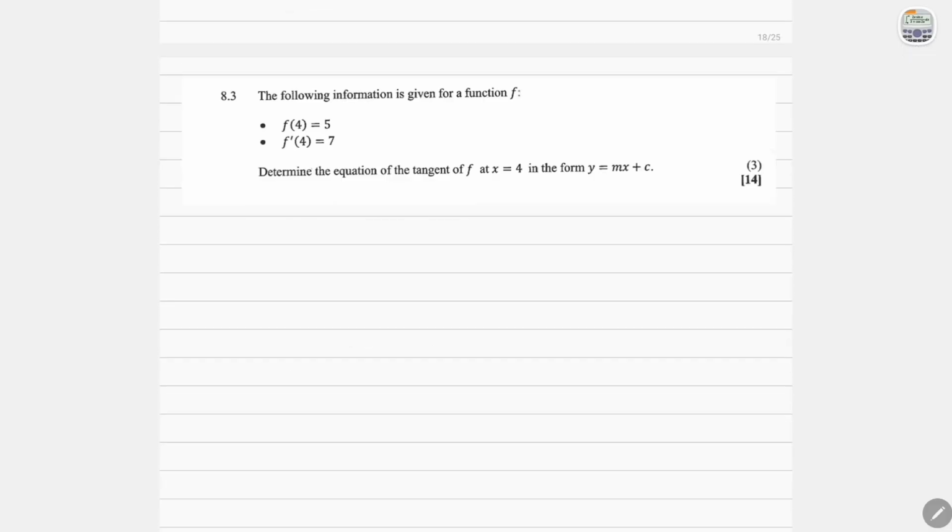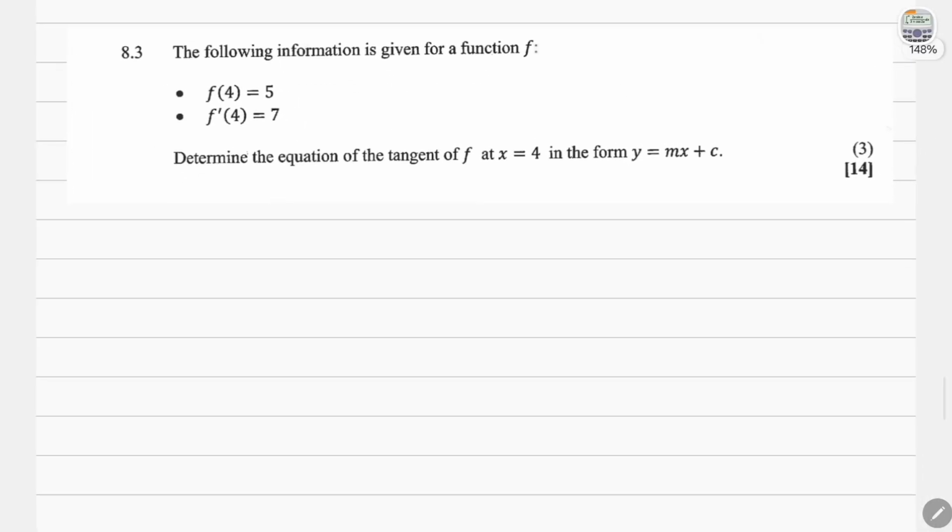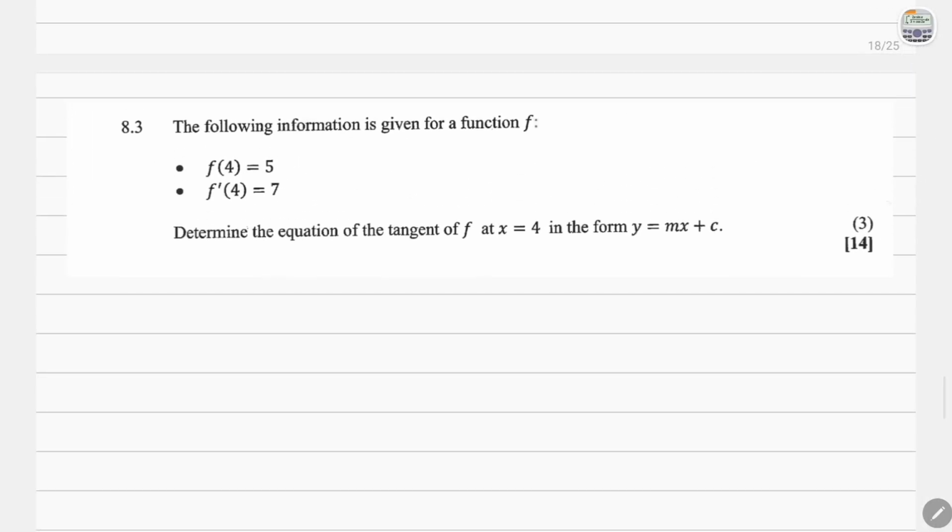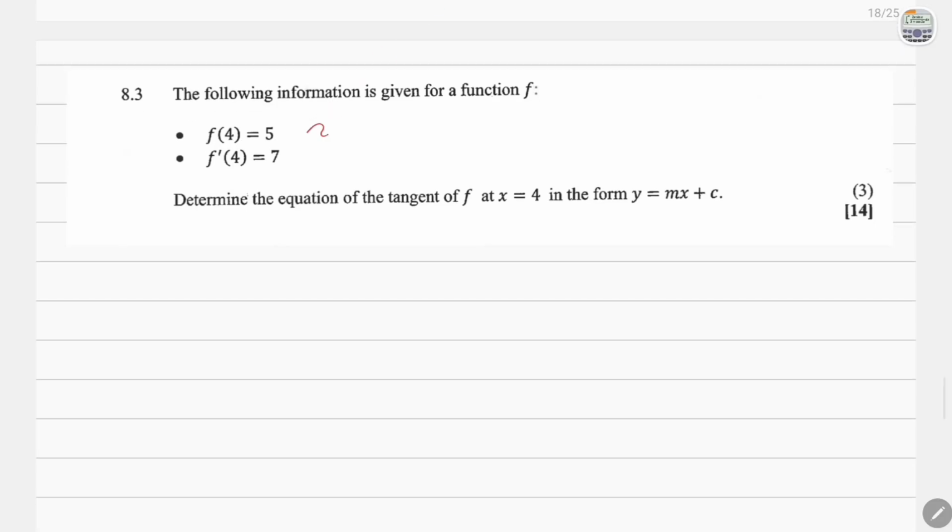Question 8.3 says, the following information is given for a function f. Okay, so we have f of 4 is equal to 5. Now, what that means is that if you're saying f of 4 is equal to 5, it means that the x value 4 on this graph of f has a y value of 5. Meaning, we're just saying there lies a point on the graph of f with the coordinates 4 and 5.